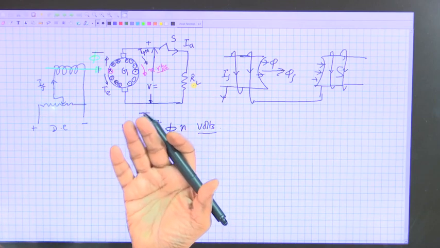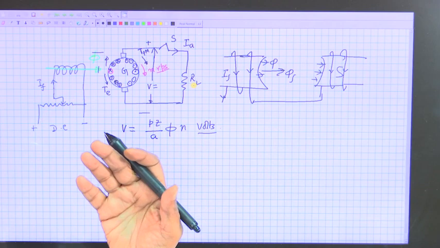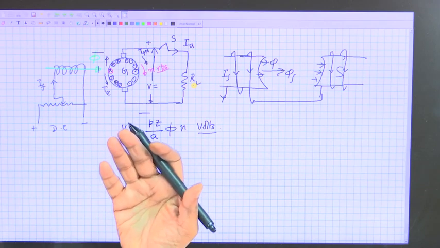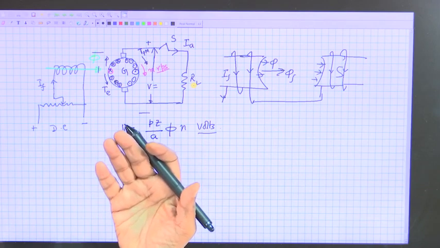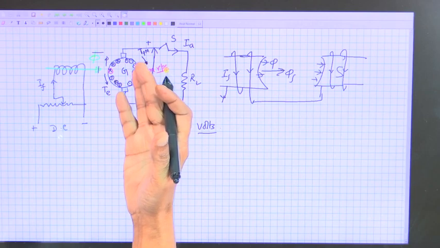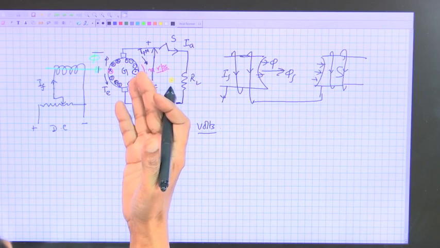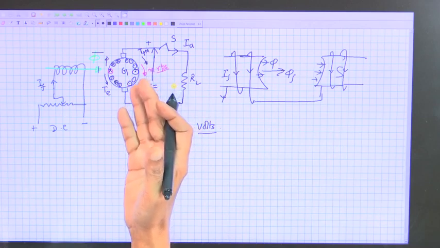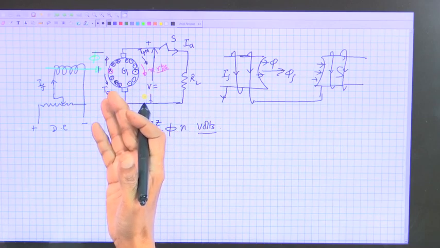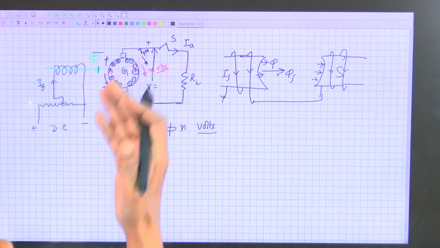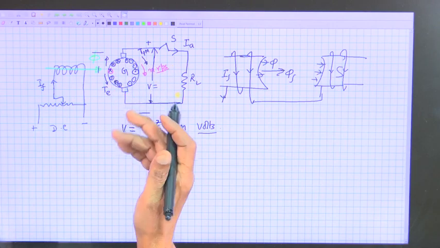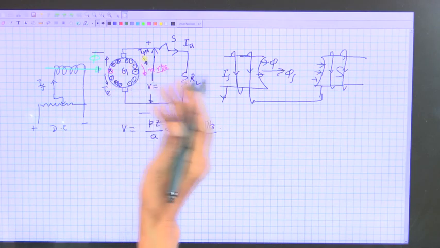That is why it is running at a constant speed, because if prime mover torque wins over electromagnetic torque, it will accelerate in this case. If electromagnetic torque is greater than prime mover torque, it will decelerate. So, it is a generator mode, it goes like that.